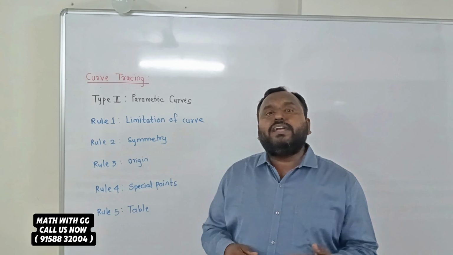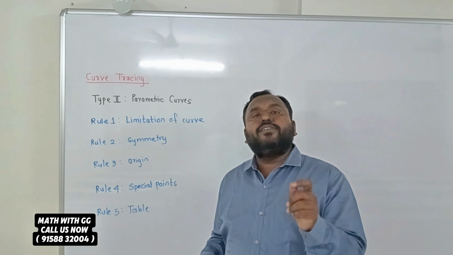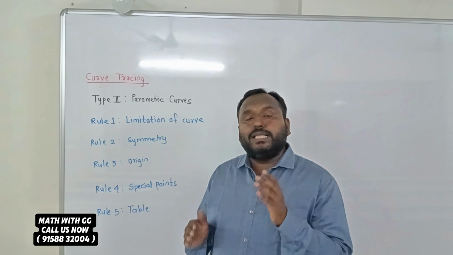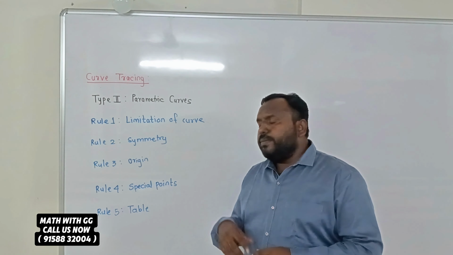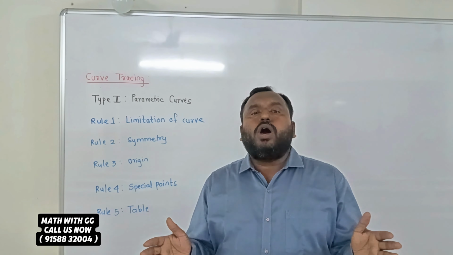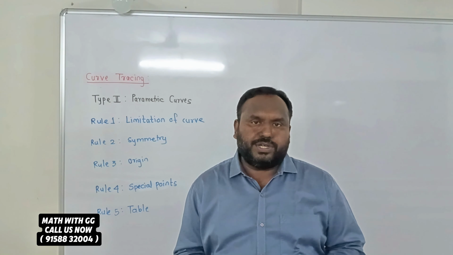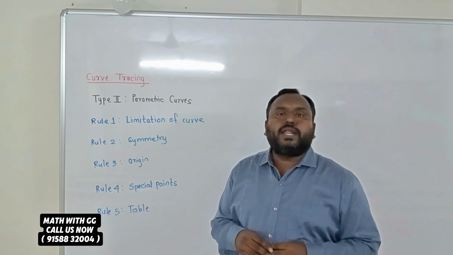We will check the derivatives at points where the derivative is 0 or infinity. This will give you the special points. And the last, rule number 5, table. This gives us how to draw the region and where to draw the region. So, these are the 5 rules for parametric curves.